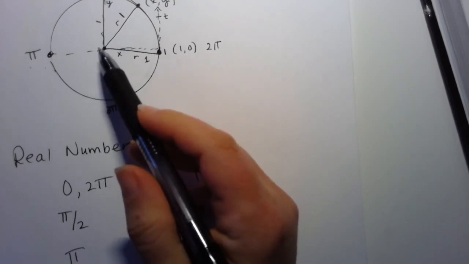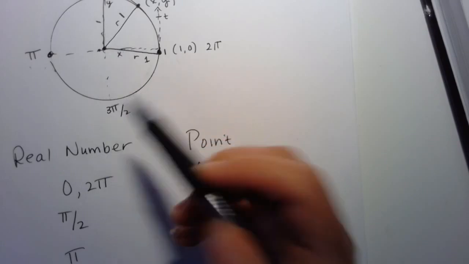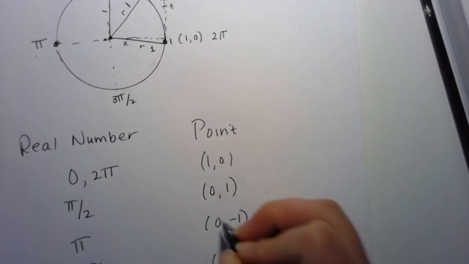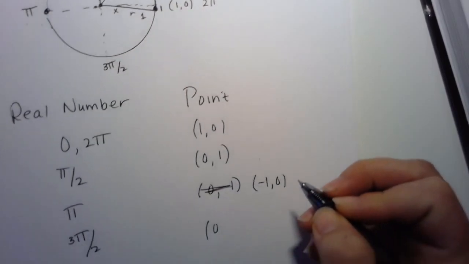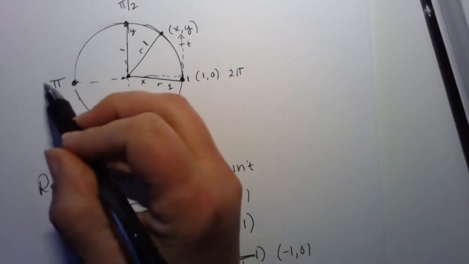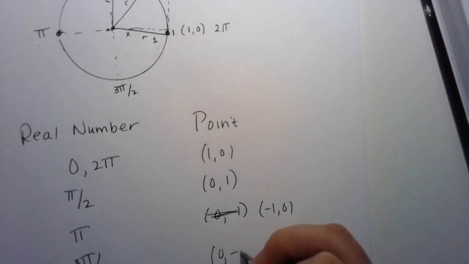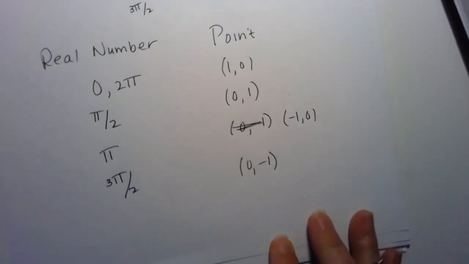That one is not going anywhere left or right. It's on the y-axis, so my x-coordinate is 0. Oops, I wrote this backwards, I'm really sorry. Pi is -1, 0. I'm going -1 this way, and then I'm staying on the axis. So 3 pi over 2 is actually 0, -1.